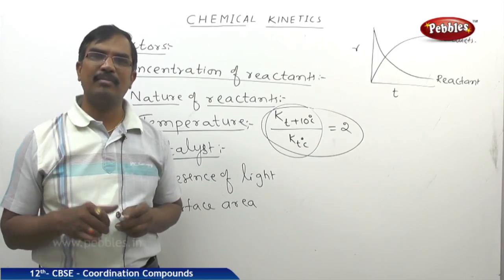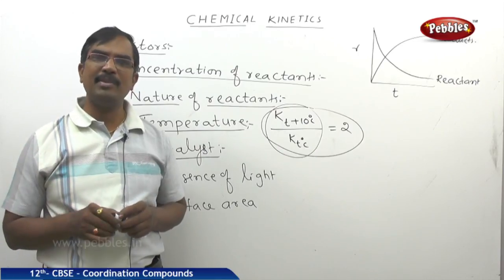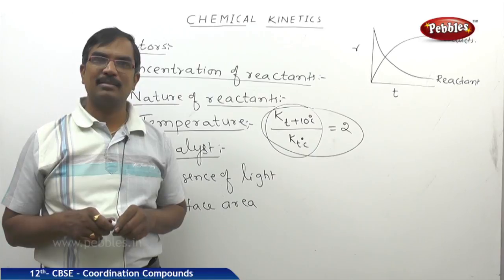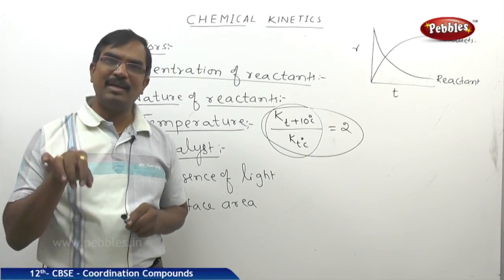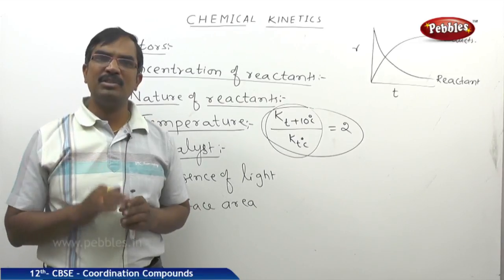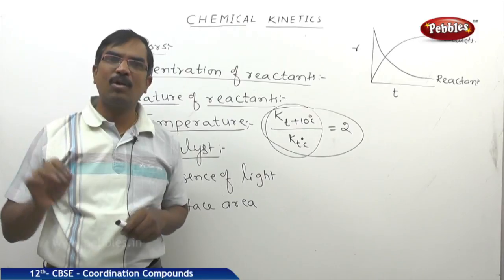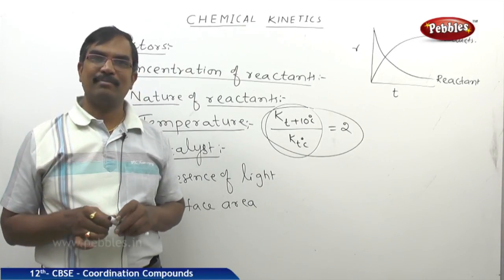If they are not present, the decomposition of H2O2 will increase. In the presence of components like urea and acetanilide, the decomposition of H2O2 will be decreased. So in this case, we can call them negative catalysts.